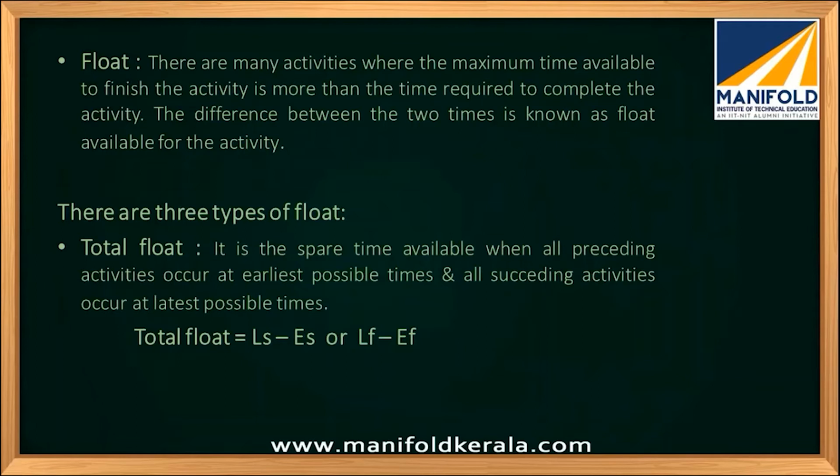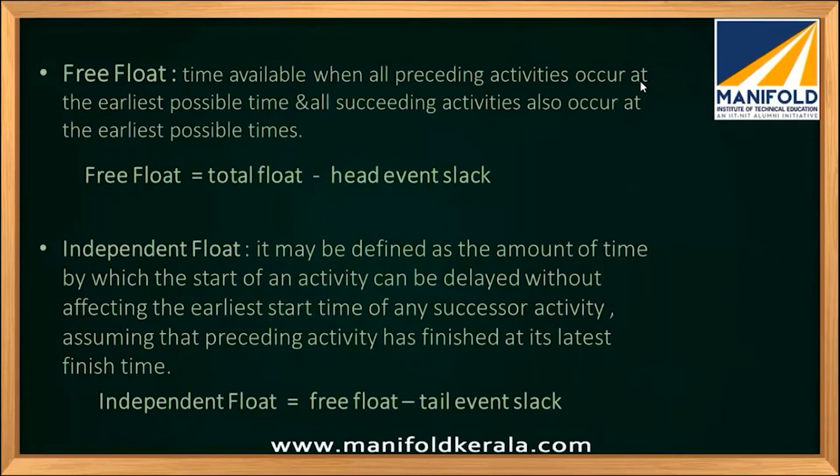The total float is when all the preceding activities happen at the earliest possible times, and all the succeeding activities occur at the latest times. It is just LS minus ES or LF minus EF, as we have already seen. Second is the free float.